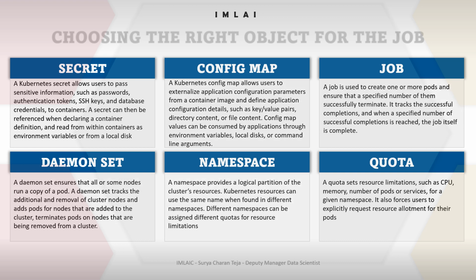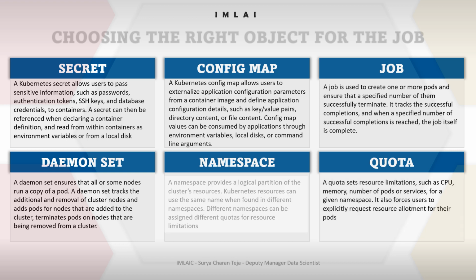A daemon set ensures that all or some nodes run a copy of a pod. A daemon set tracks the addition and removal of cluster nodes and adds pods for nodes that are added to the cluster. It terminates pods on nodes that are being removed from the cluster.